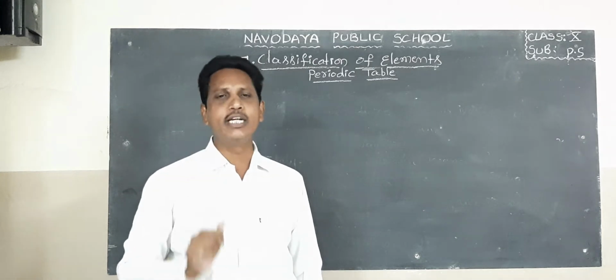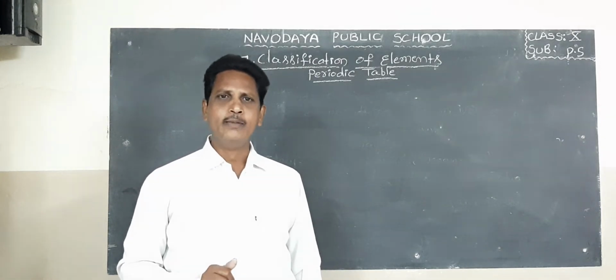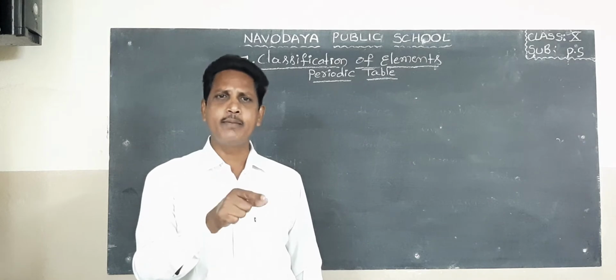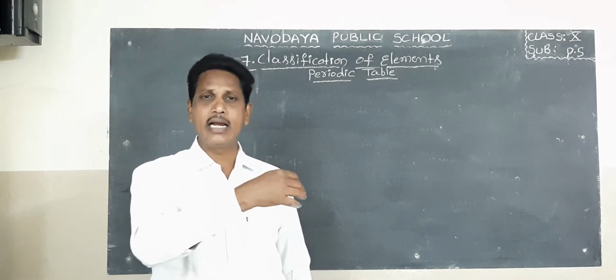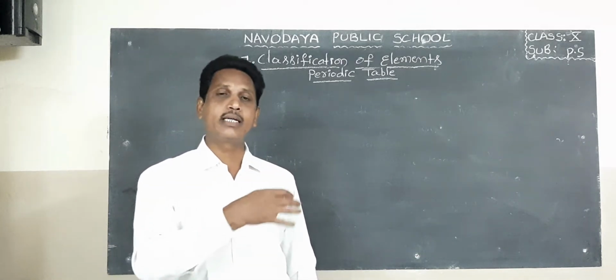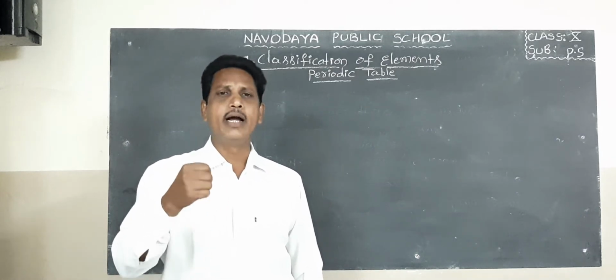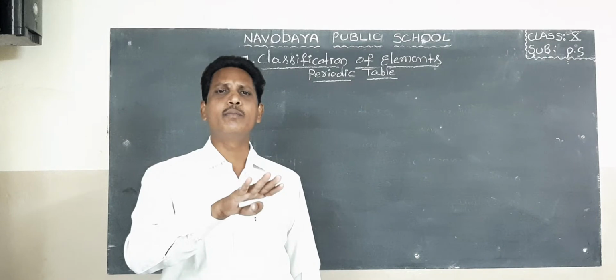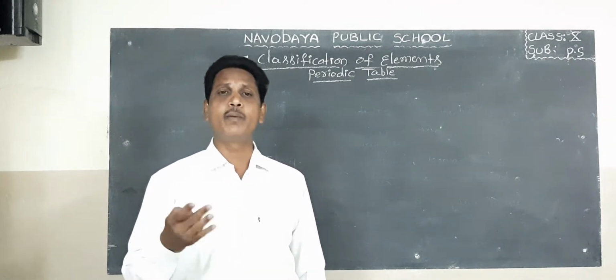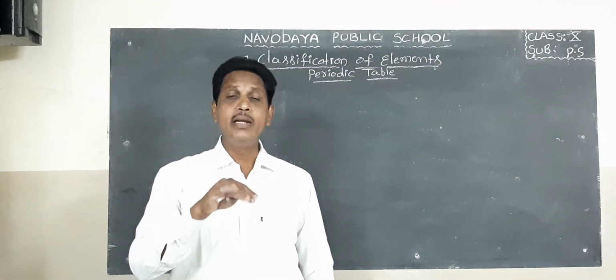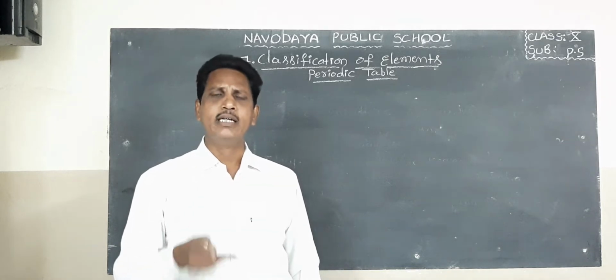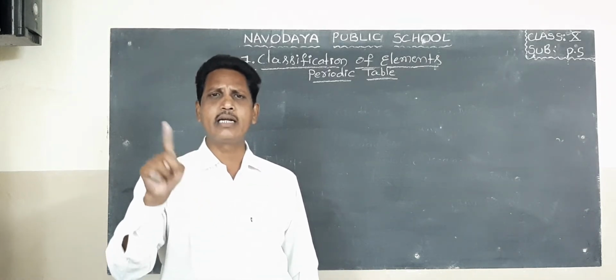Next one, electronegativity. The relative tendency of an atom to attract electrons towards itself when bonded with another atom of an element. The Mulliken definition of electronegativity is the average of ionization energy and electron affinity.